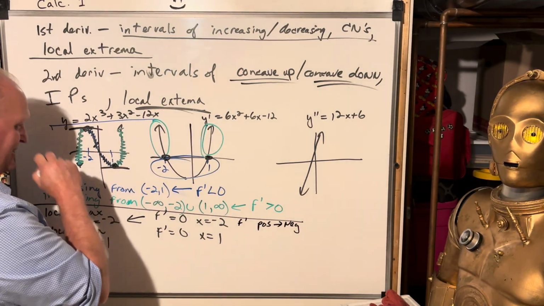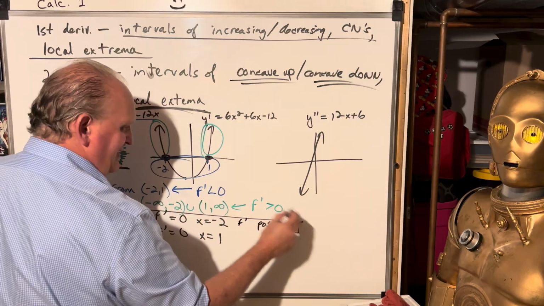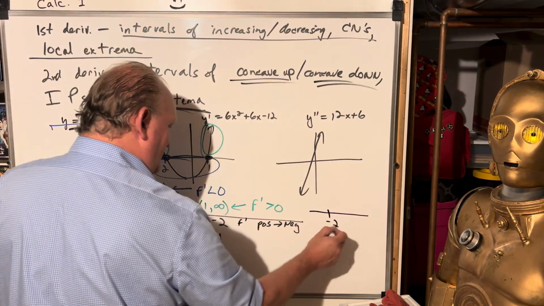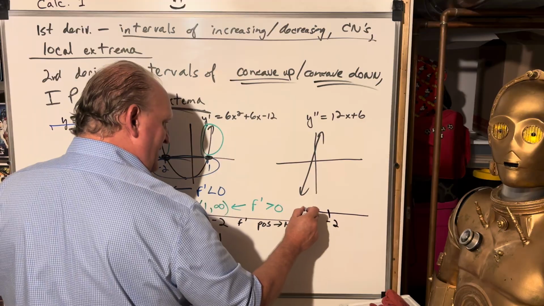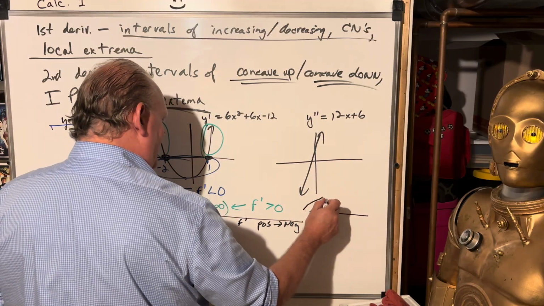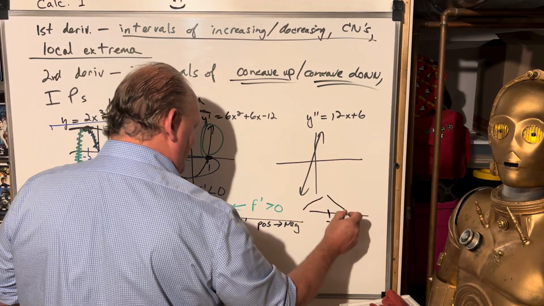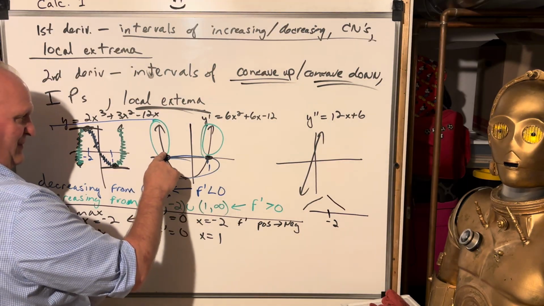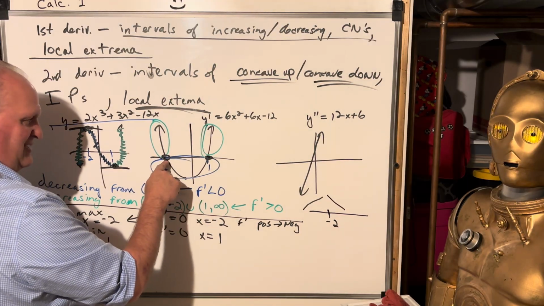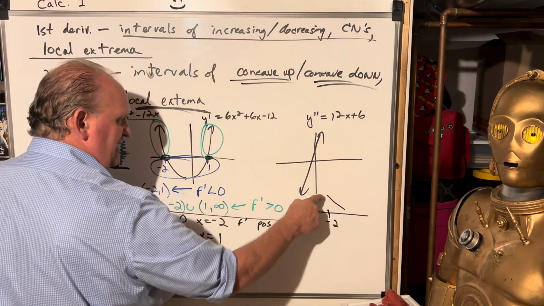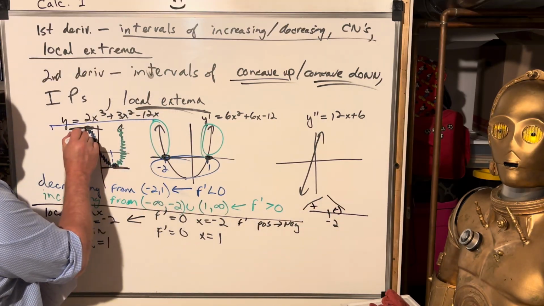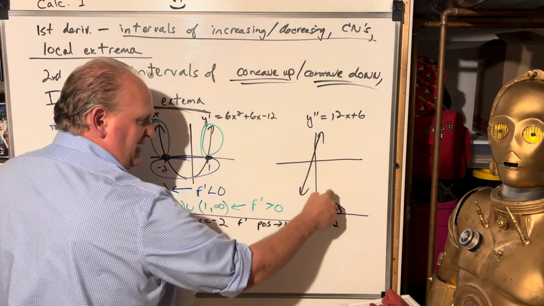It's a little more obvious when you're looking on the number line and saying, okay, here's -2, and it's going from positive to negative. But when you look at it like this, it's a little more obvious that it's a max because it kind of peaks there.